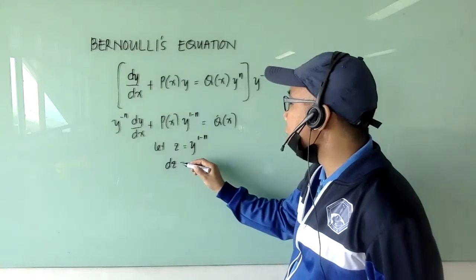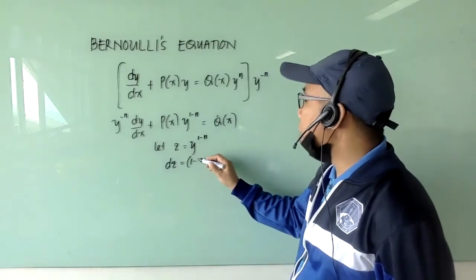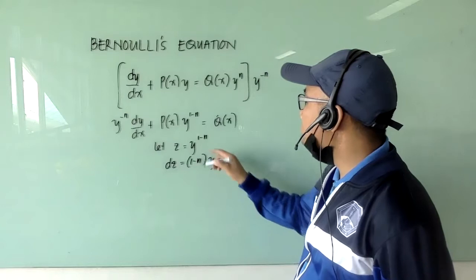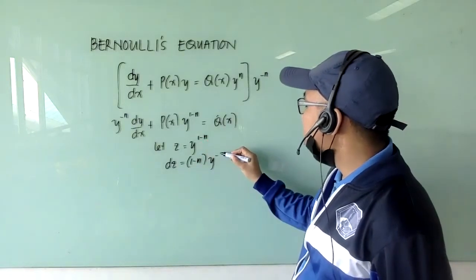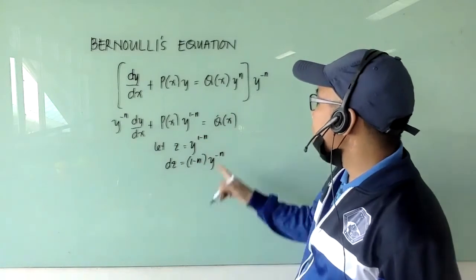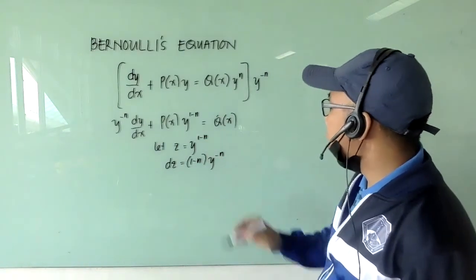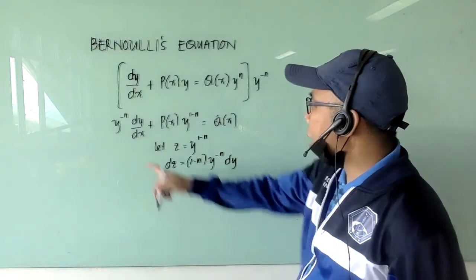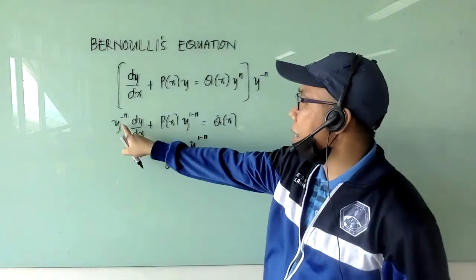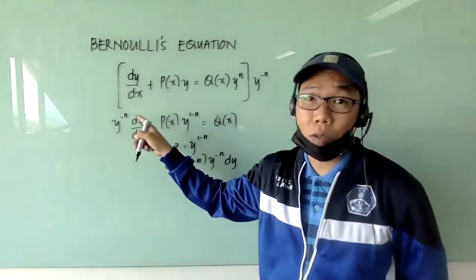So dz equals (1-n) times y^(1-n-1), which becomes y^(-n), times dy. Going back to the equation, you can see y^(-n) dy. We are going to replace this one.